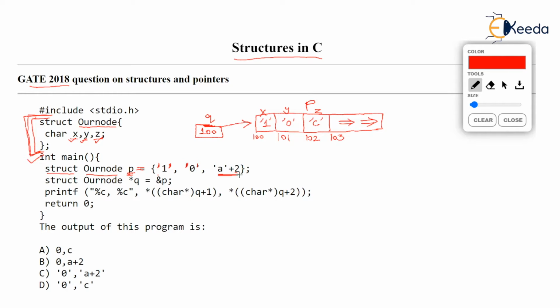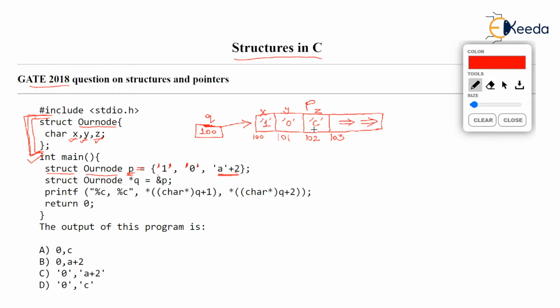Further, the character small a has ASCII code 97. Then this is nothing but 97 plus 2, which is 99. And 99 is the ASCII code corresponding to character C. So writing character a plus 2 means Z, the third member of P, is going to be C.